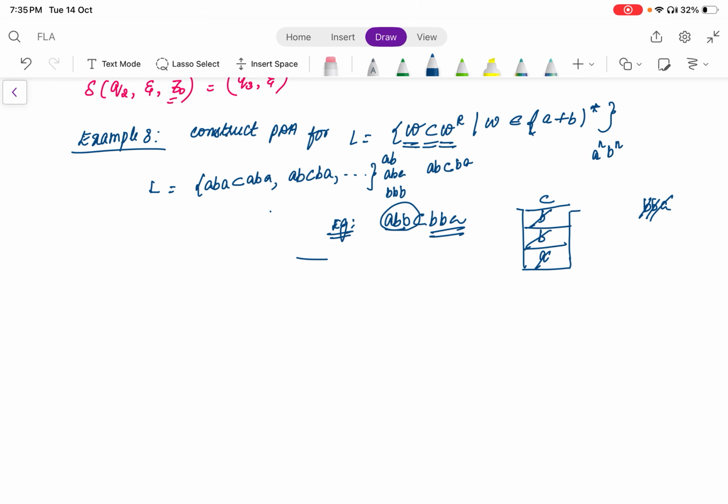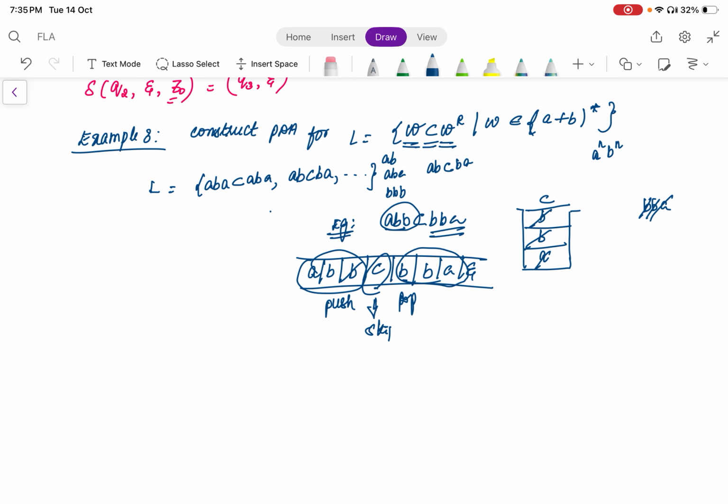The input tape will look like A, B, B, center marker, B, B, A, and epsilon. See, all these before the center marker are push. For every alphabet after it, you pop one, and the center marker is skip or read.